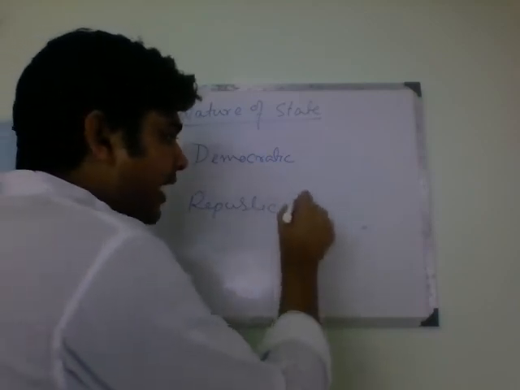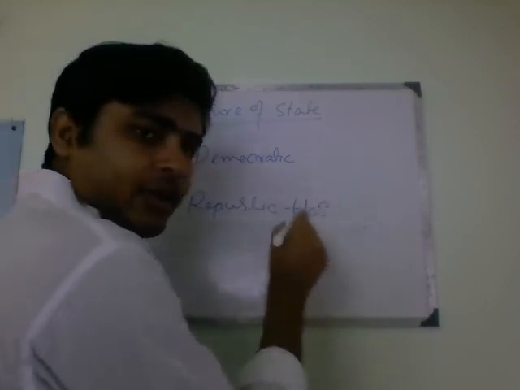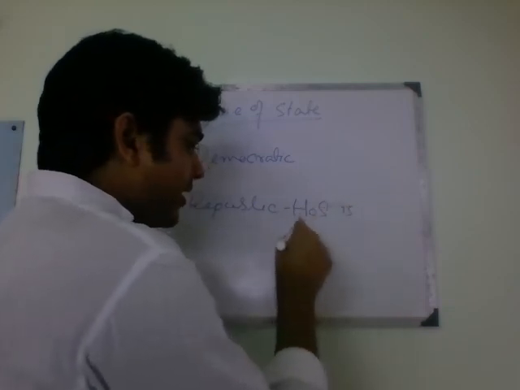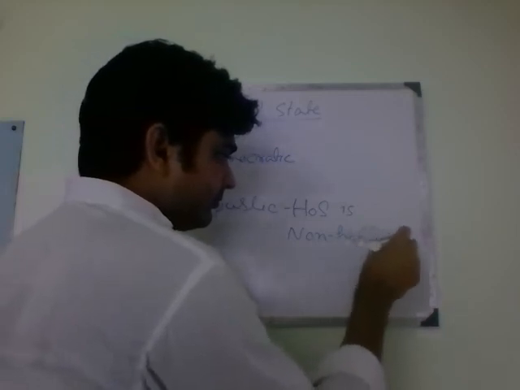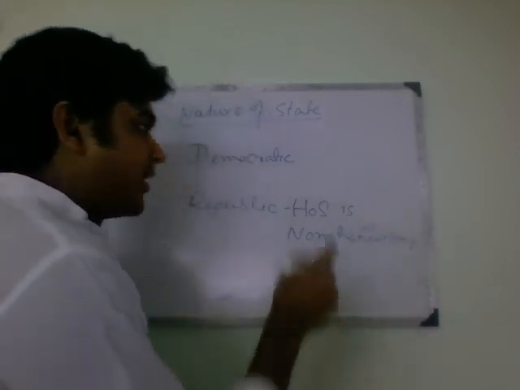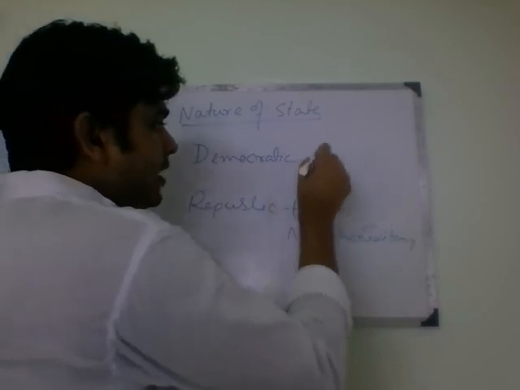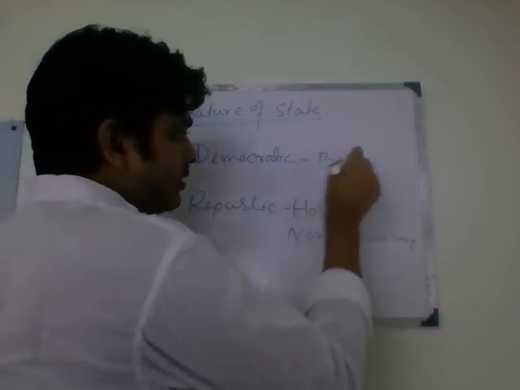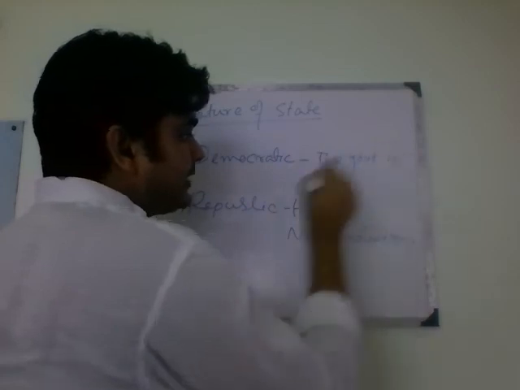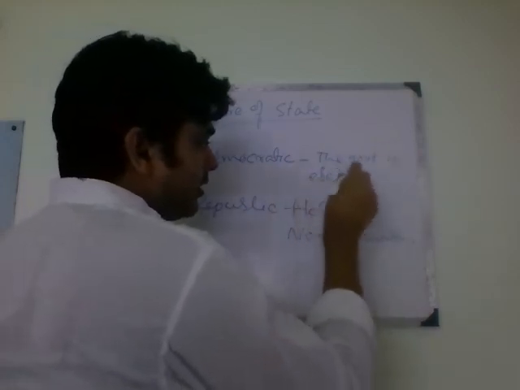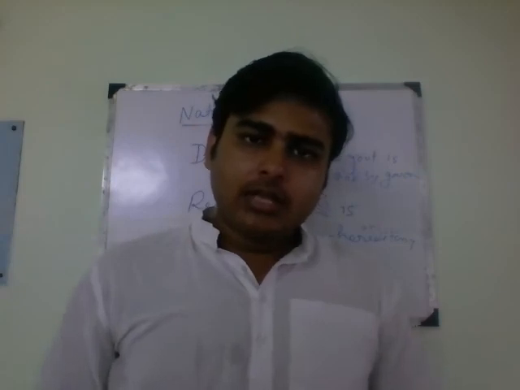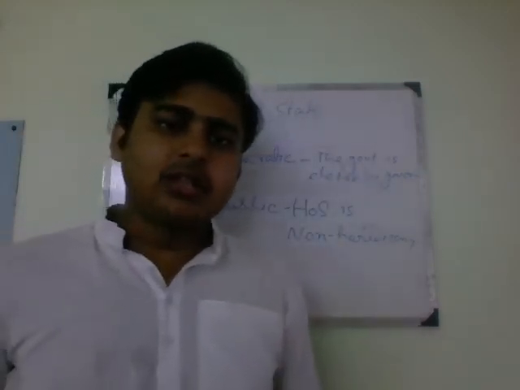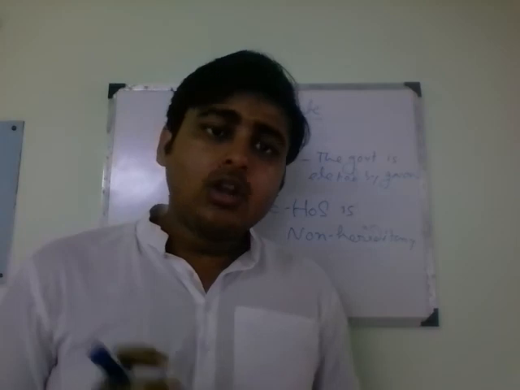Republic means where the head of state is non-hereditary, and democratic means the government where the government is elected by the governed, that is, the people.